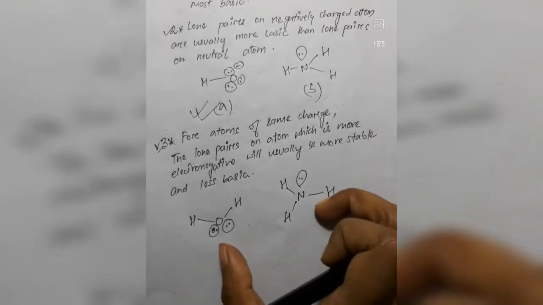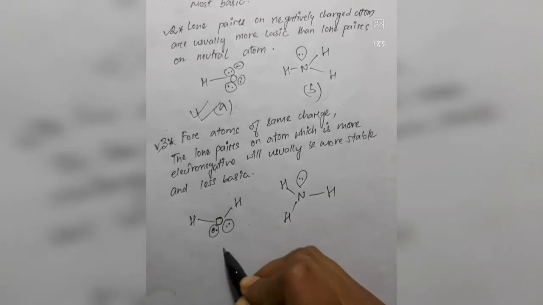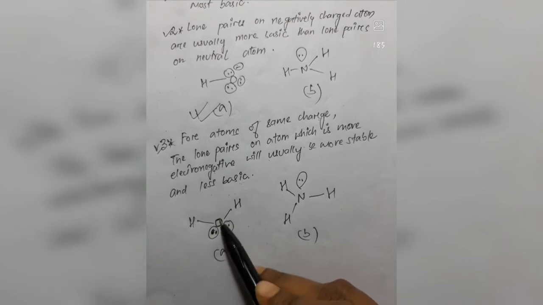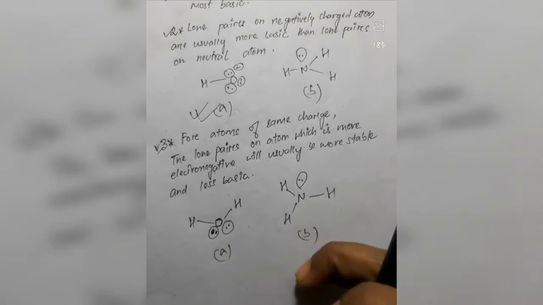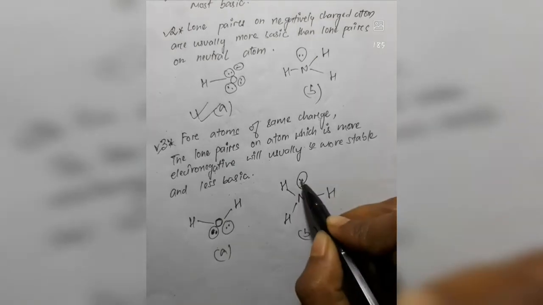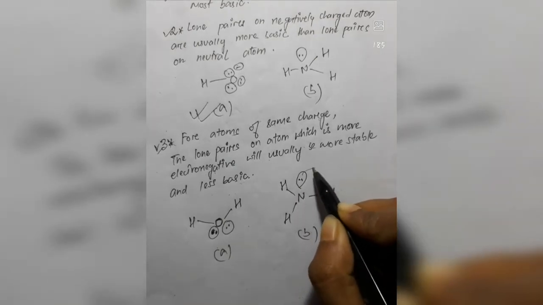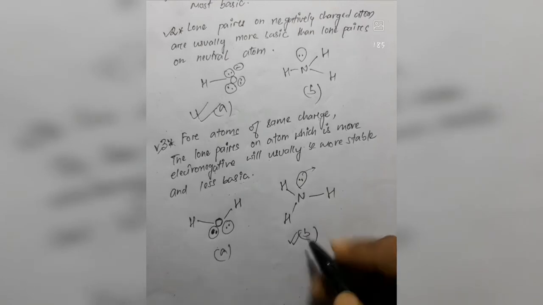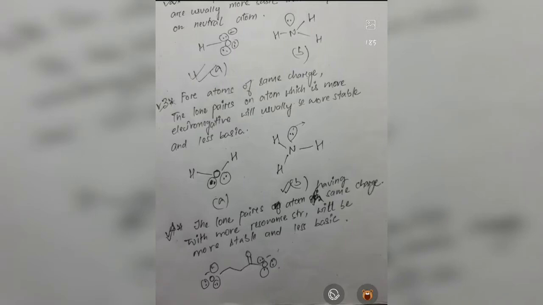Now out of these two, which is more electronegative? Obviously oxygen is more electronegative. So this molecule is not willing to give its lone pair of electrons for protonation. That means it is unavailable because oxygen being more electronegative tries to keep the lone pairs with itself. Whereas nitrogen being less electronegative will tend to give its lone pair of electrons for protonation. So which one will be more basic here? Your B will be more basic.